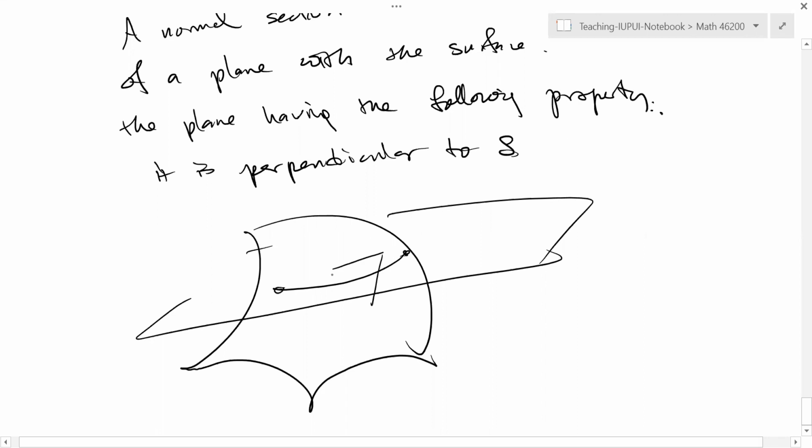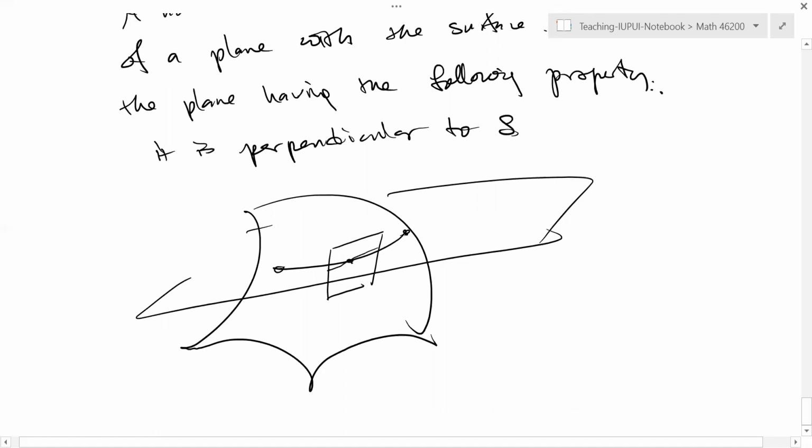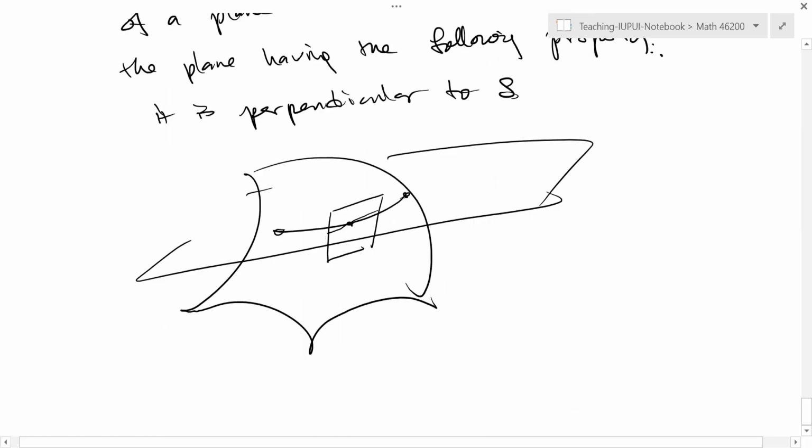So this is a tangent plane, and those two planes are not necessarily perpendicular. How do you define two planes perpendicular? Their two normal vectors are perpendicular.